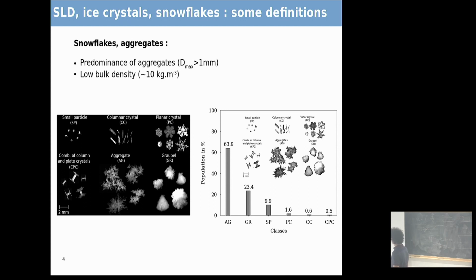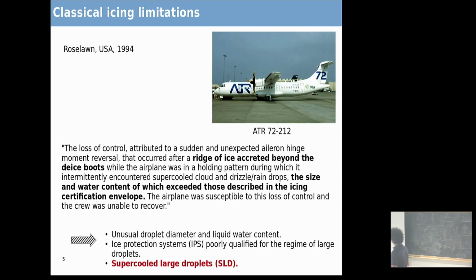And they have a very large diameter compared to ice crystals, which are 100 microns. The diameter may be larger than 1 millimeter. The difficulty for us is that the bulk density of the particle is very low compared to even ice crystals, which are more dense. And this will be difficult as well for modeling and numerical simulation.